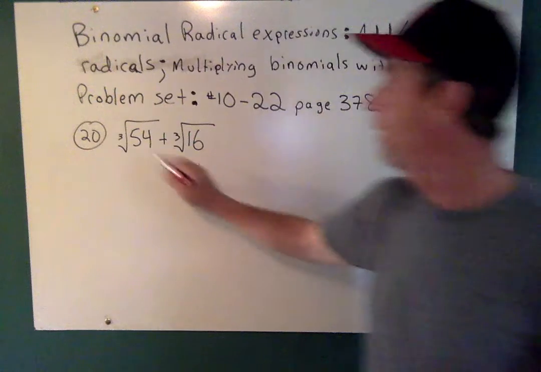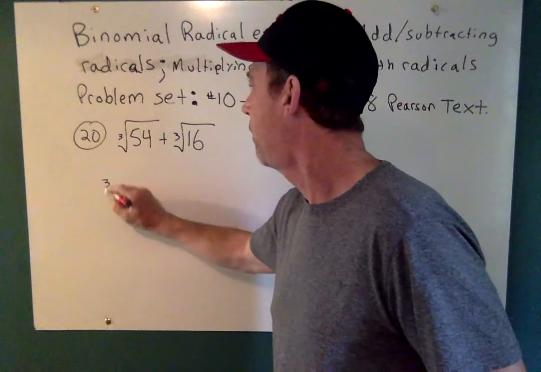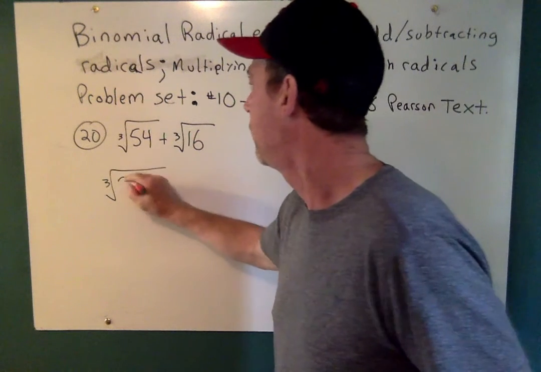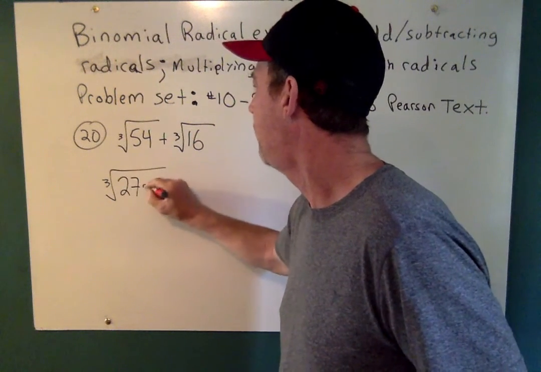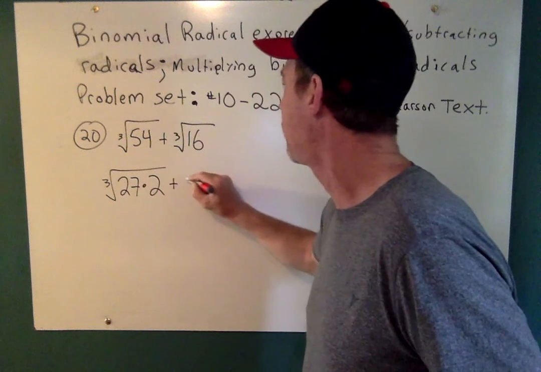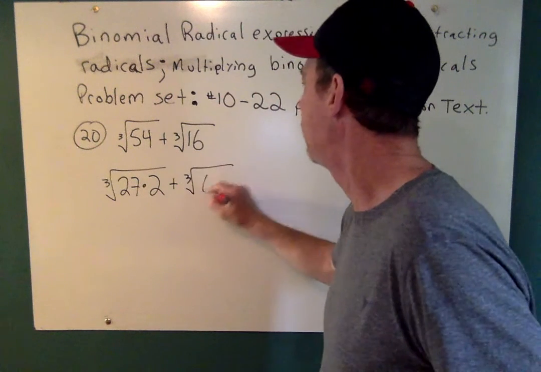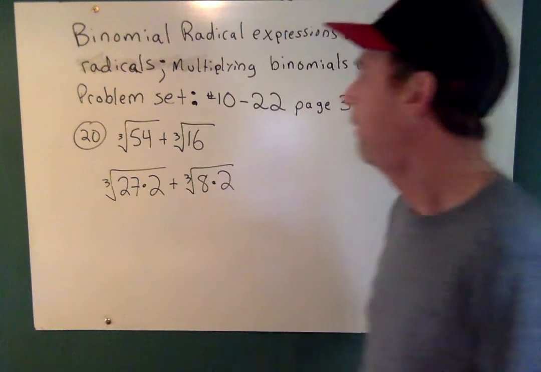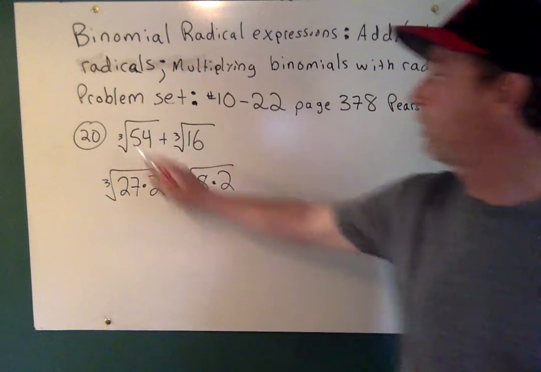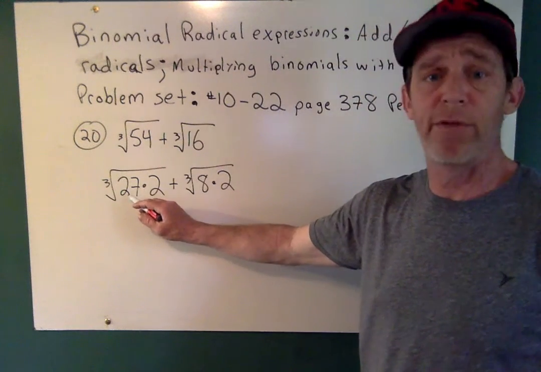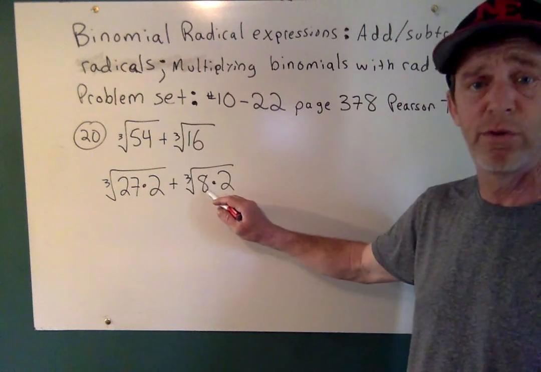So here we go. I'm going to break this up as the third root of 27 times 2 plus the third root of 8 times 2. I'm doing so because I'm dealing with cubes, and that's a perfect cube, 3 to the third. And that's a perfect cube, 2 to the third.